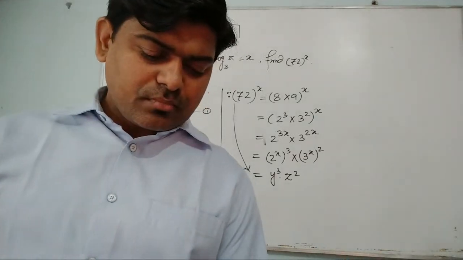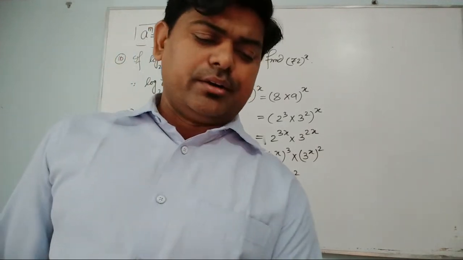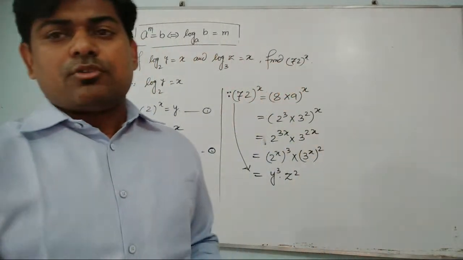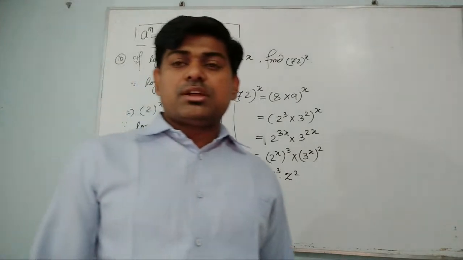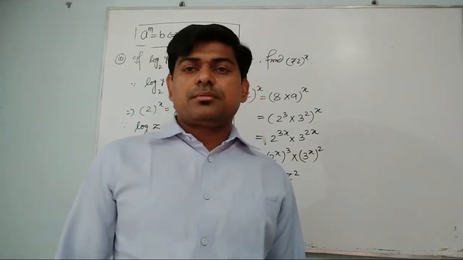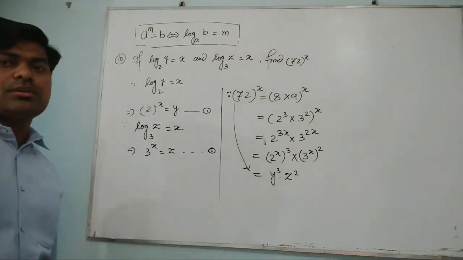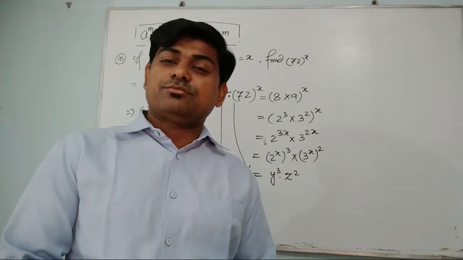Now a few basic things I want to discuss with you, and they will be helpful for you. You must remember one question I wrote in the starting, log 16 base 2, and I told you the value of this one will be 4. So in your mind it definitely came, how did it come as 4?